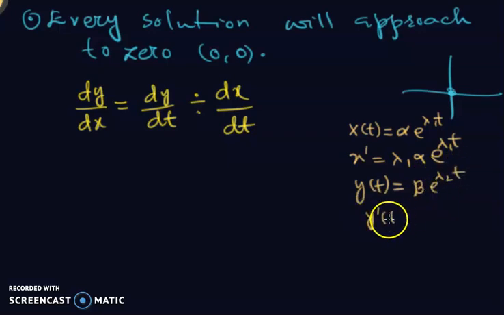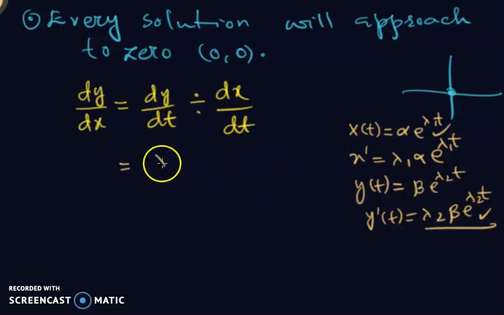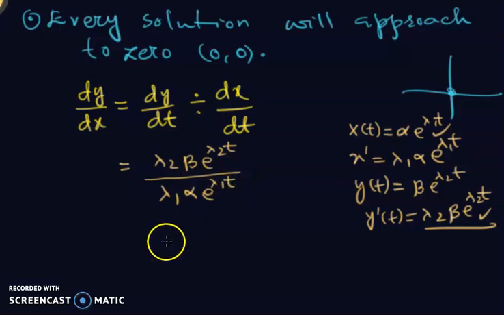So y prime of t should be lambda 2 times beta times e to the lambda 2 t. I can substitute these values over here, and instead of dy by dt I can put this value: lambda 2 times beta e to the lambda 2 t divided by lambda 1 alpha e to the lambda 1 t.